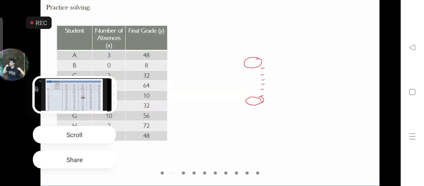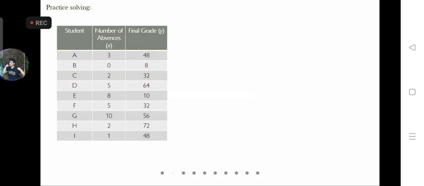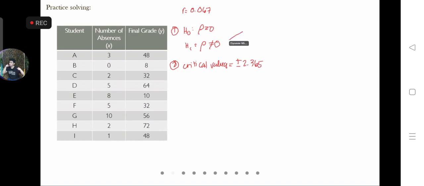Going back to our PowerPoint, let's write it again. Step 1: null hypothesis, correlation equals 0, alternate hypothesis, correlation not equal to 0. Step 2, using our table, the critical values are plus or minus 2.365.